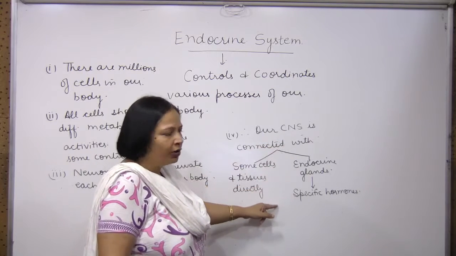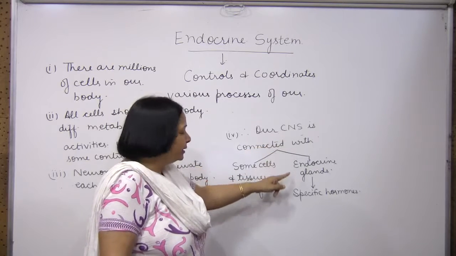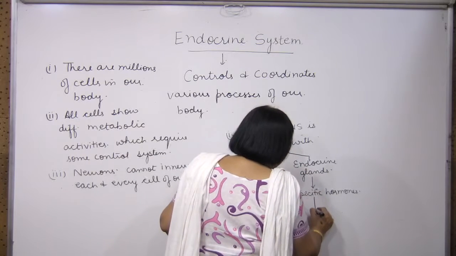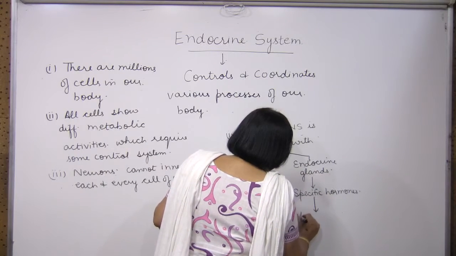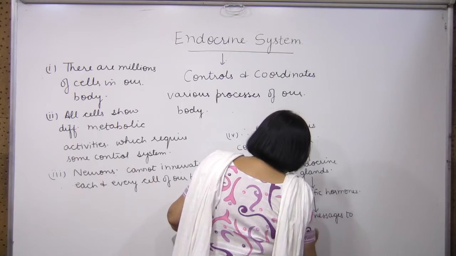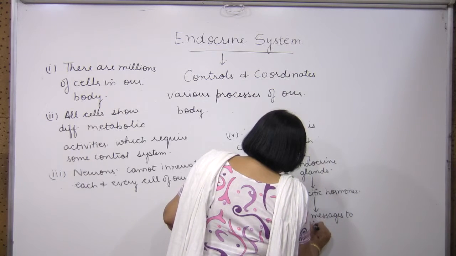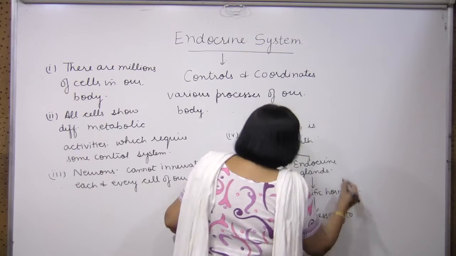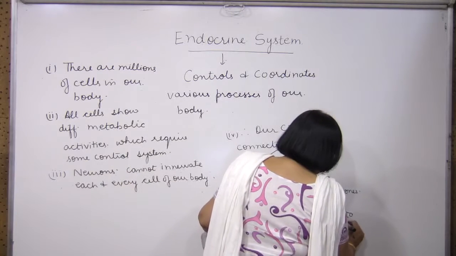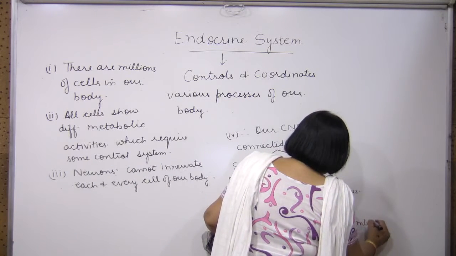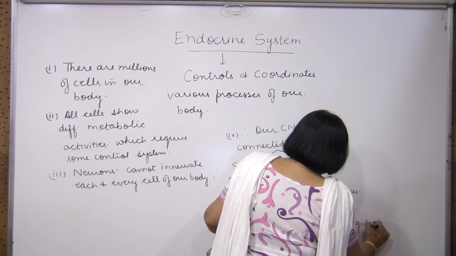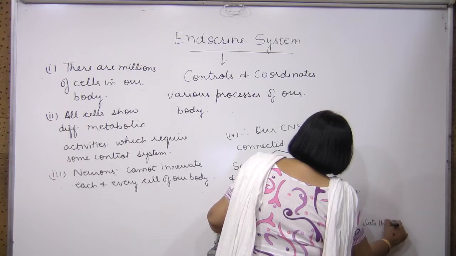When they receive signals from CNS, they secrete specific hormones, and these hormones take messages to specific cells. I will tell you later how the hormones reach the specific cells and control, or regulate, their functions.